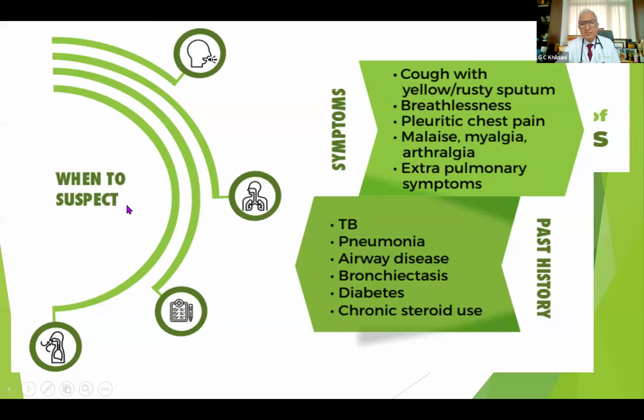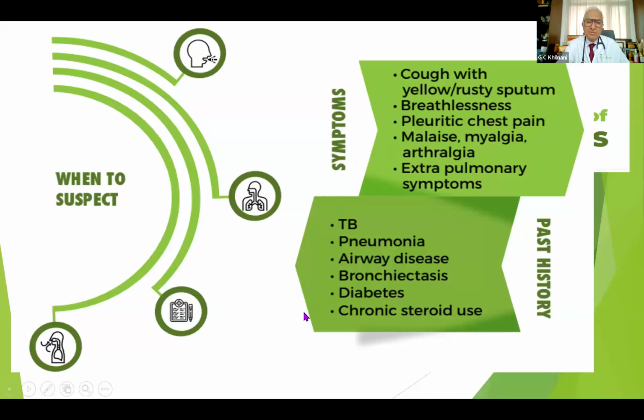Without emphasizing the importance of this, which I have already said, whenever the patient comes to a physician, how do you suspect that the patient has a respiratory infection? The cardinal symptoms are cough, breathlessness, pleuritic chest pain, myalgia and extrapulmonary symptoms.